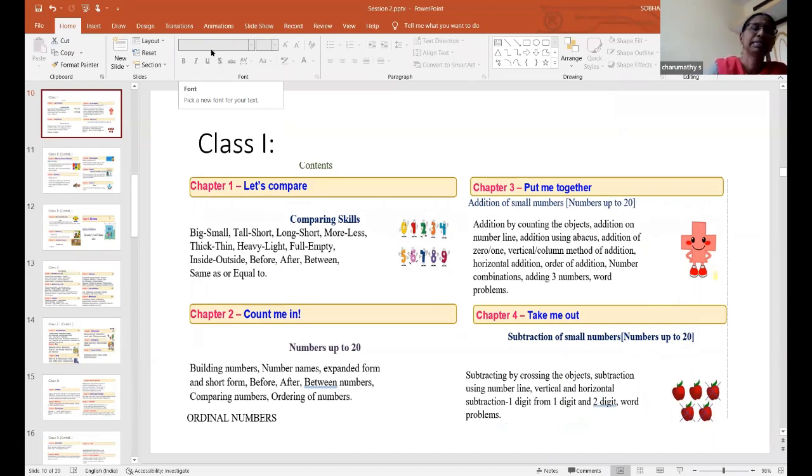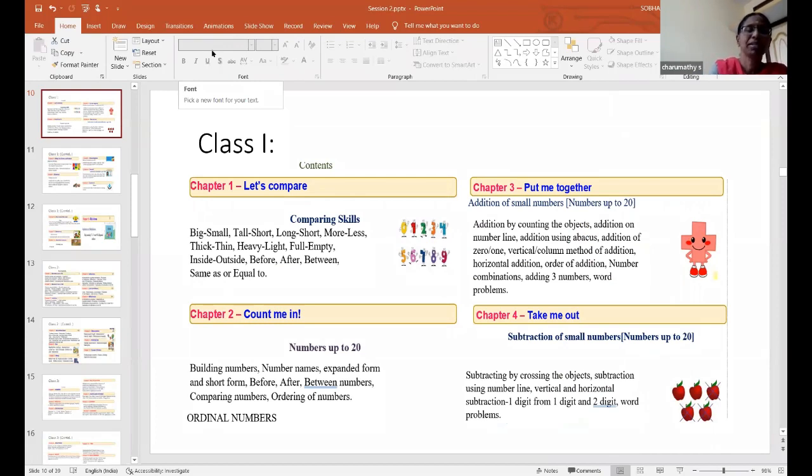Thick, thin. Here it is very important for them to learn these two terms, because many times we see some children writing very dark and some children writing very light. So thick and thin creates a lot of impact on their writing habits.